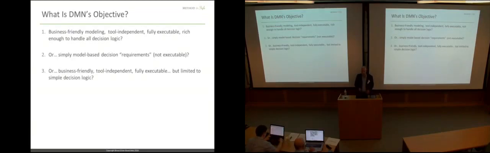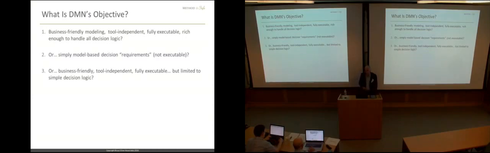It should just be a better requirements gathering standard. So requirements were typically gathered in text documents, and this will be model-based, so it'll be better. That will improve current practice and certainly a lot easier to implement. And there are others who said, well, we can do more than that, and we should do more than that.